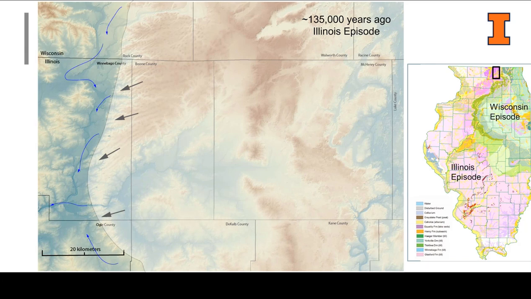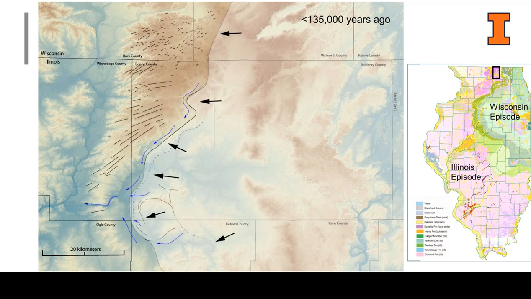And we'll get into why we know it's 135,000. Then as that ice was retreating, it left lineations. We see these lineations at land surface up into Wisconsin, all along the northern topography of Boone County. Those lineations are glacially derived scours and formations.